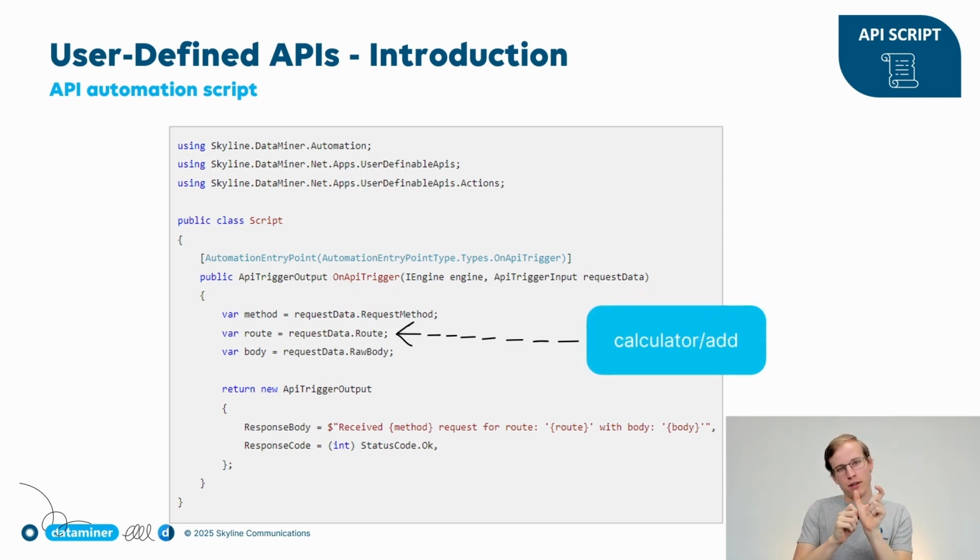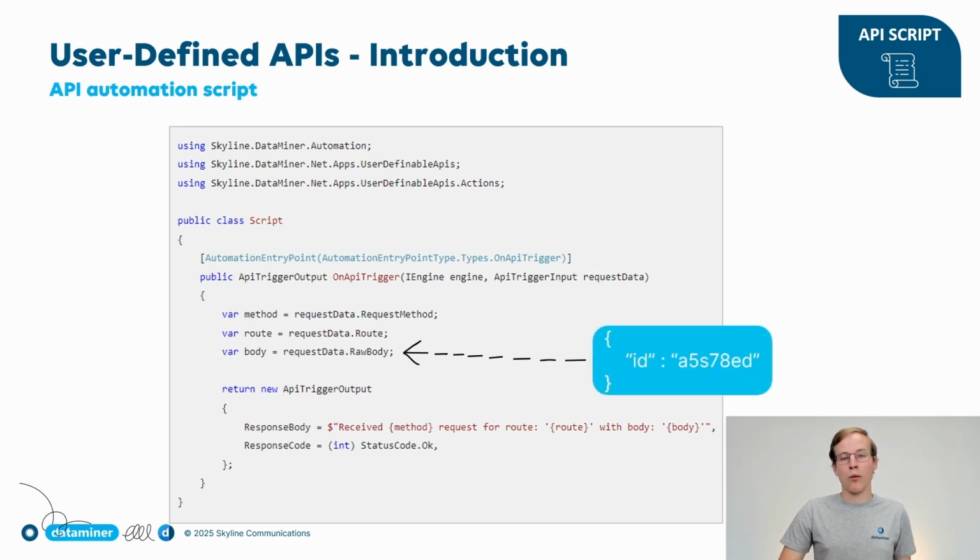We have the static part, API/custom, and then the part that you can choose. This is the same as the previous slide with db/health. In this example here, we have calculator/add, and that's a little nod to the exercise that we'll do in a moment. That suggests that this API would be a calculator API where we will add together two numbers. So you can get that route there and do whatever you want with it.